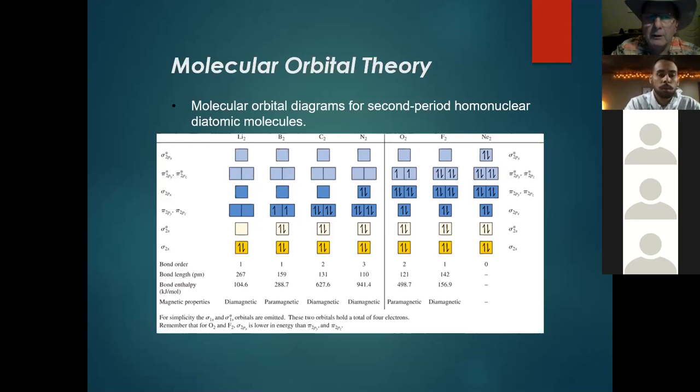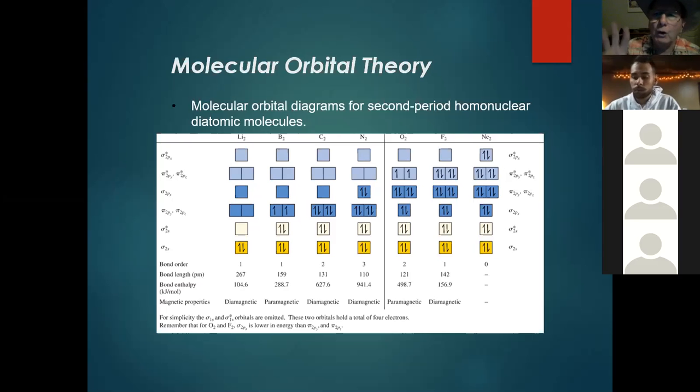Okay, lithium 2, Li2. Each lithium has 3 electrons, excuse me, so an Li2 molecule should have 6, correct? The first 4 are in the sigma 1s, bonding and antibonding. So there's only 2 left.